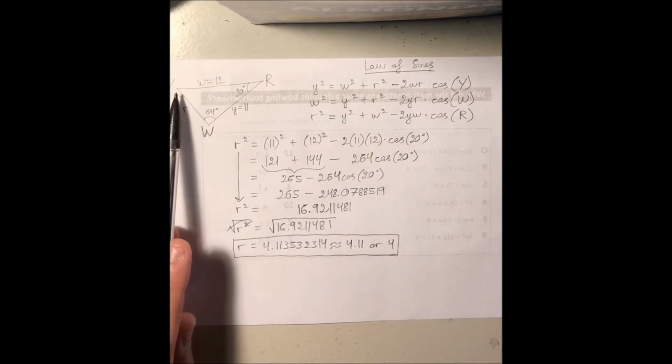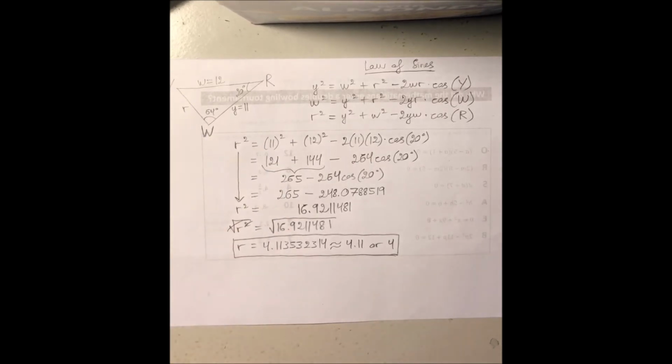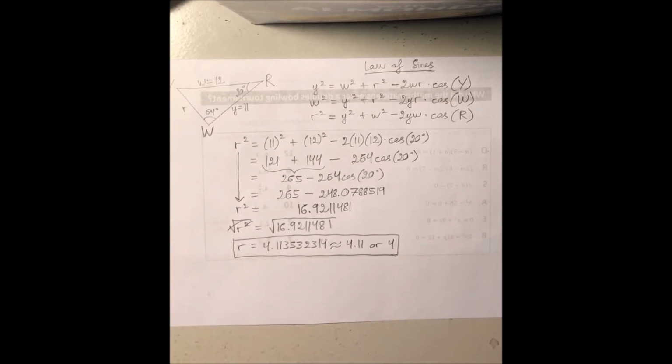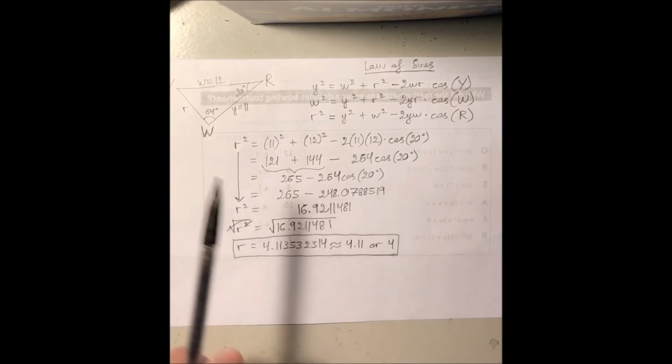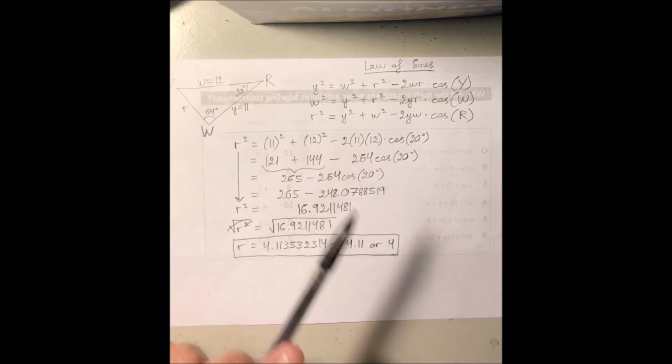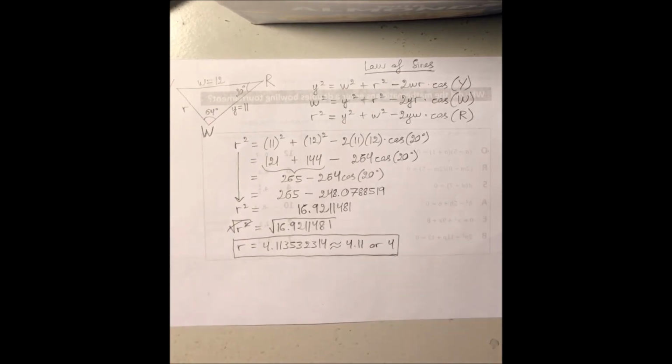But always remember that the angles are represented by uppercase letters. The sides are represented by lowercase letters, or the lowercase version of the uppercase letters. And opposite to each angle is the lowercase version of the uppercase letter that represents that angle.